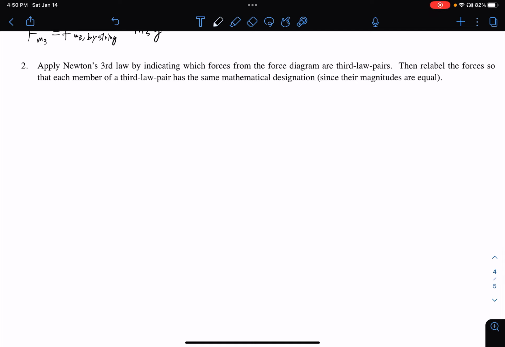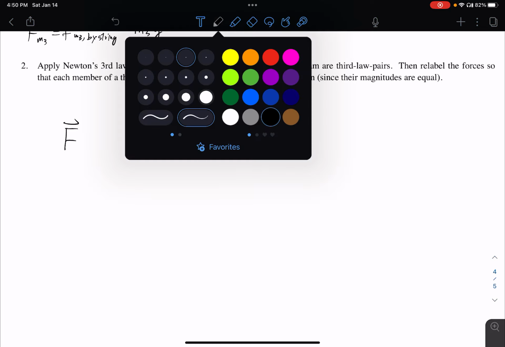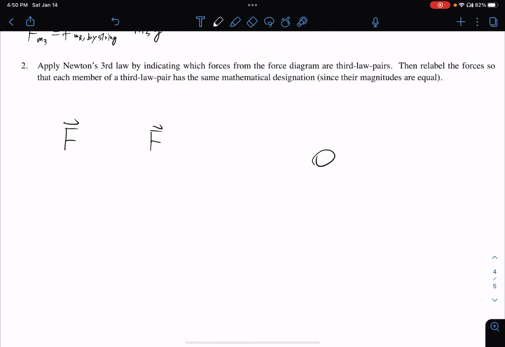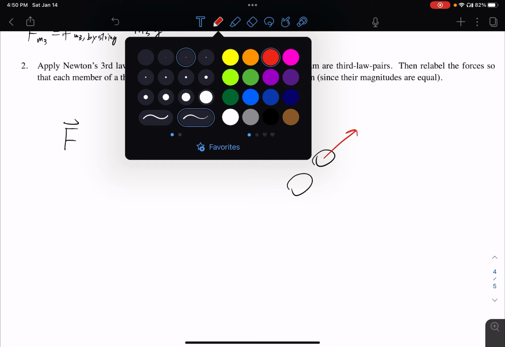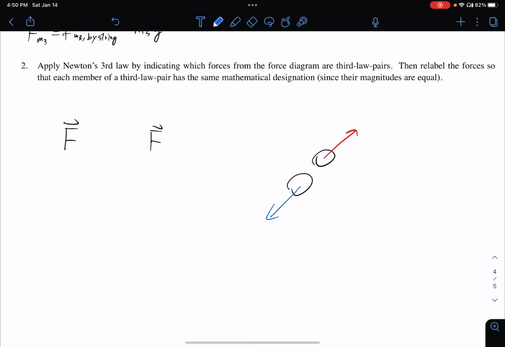Next, we apply Newton's third law. Newton's third law says that if I have two objects and they are interacting, let's say we have these two objects interacting, then the forces they exert on each other should have equal magnitude and opposite direction.